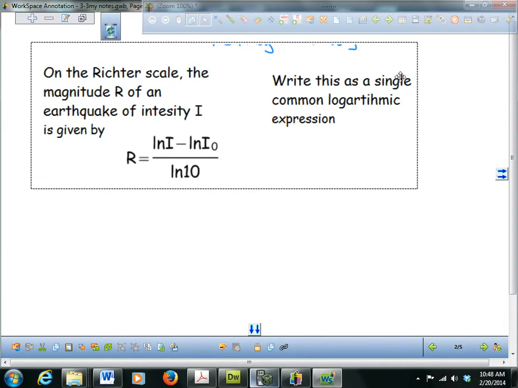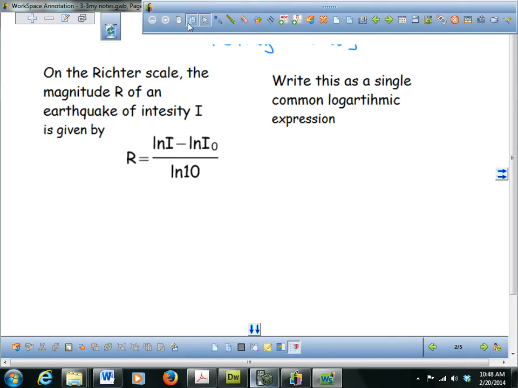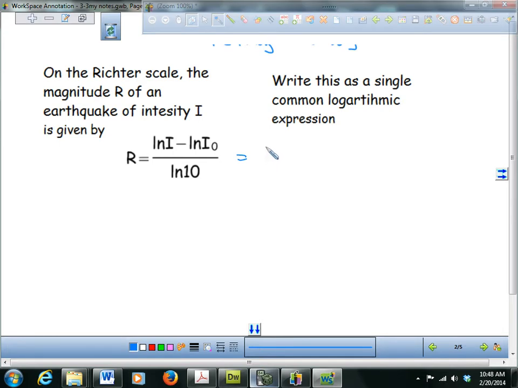But write this as a single common logarithmic expression. So how could I rewrite the top? ln I divided by... Well, I think what they do with this is we're going to use the change of base formula. So I'm going to change this to base 10 log, because this is a 10.